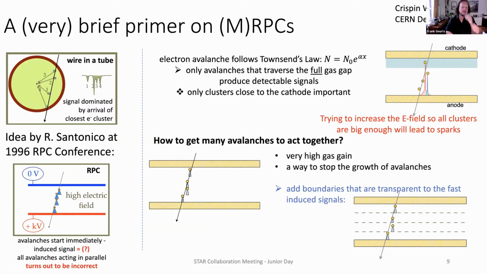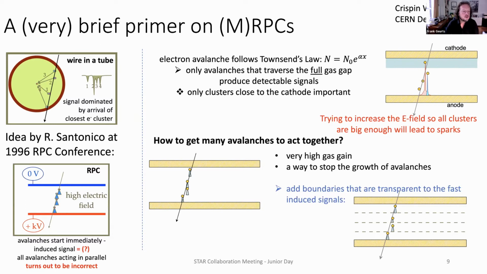All right, so let me give you a very brief primer on MRPCs and why they are really great timing detectors, that have basically retired the idea of using scintillators and photomultiplier tubes for time of flight walls, which was quite common in the 90s. Since then, as CBM can show you, it is now really MRPC based.